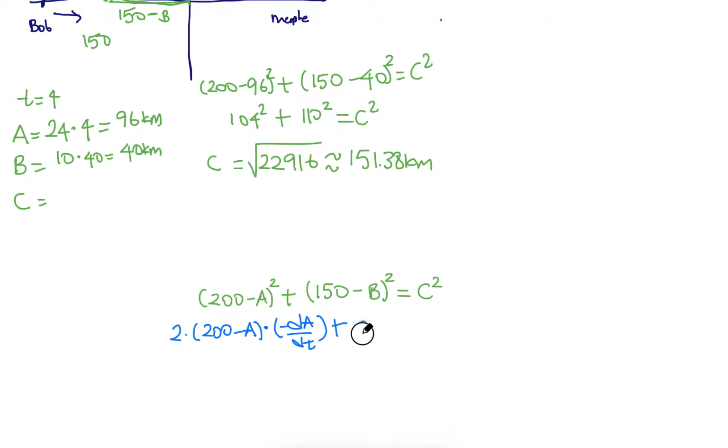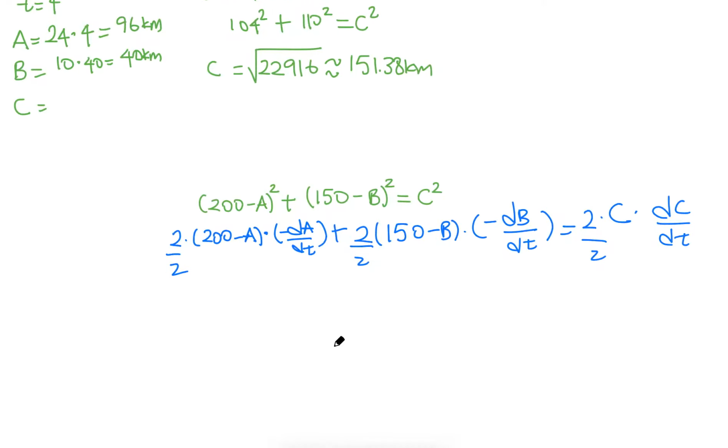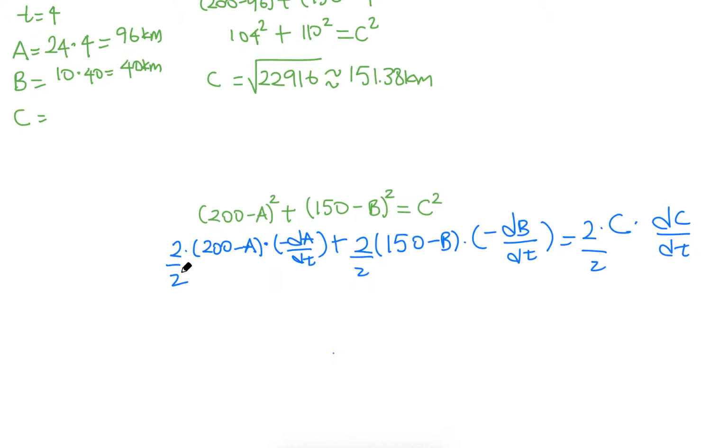Plus the derivative here is 2 times (150 minus B) times negative dB over dt equals 2C times dC over dt. Again, dividing everything by 2, I can get rid of this extra 2 here, which will help quite a lot.